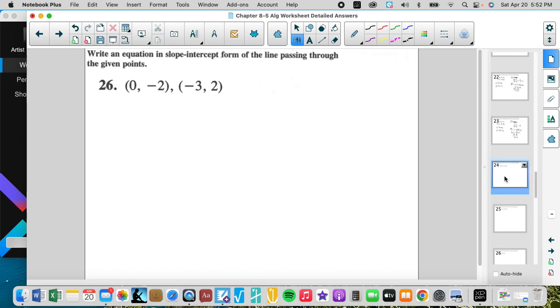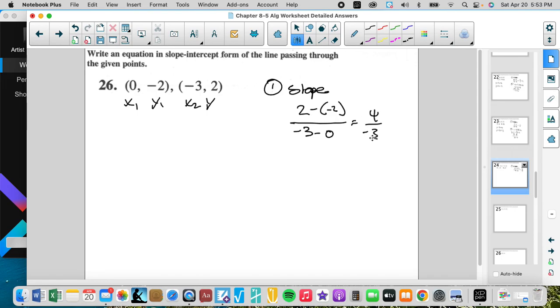Nope, not yet. So x sub 1, y sub 1, x sub 2, y sub 2. My slope equals 2 minus negative 2 over negative 3 minus 0, which is 4 over negative 3. I'm just writing the equation.